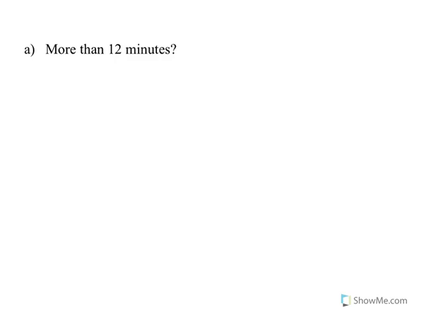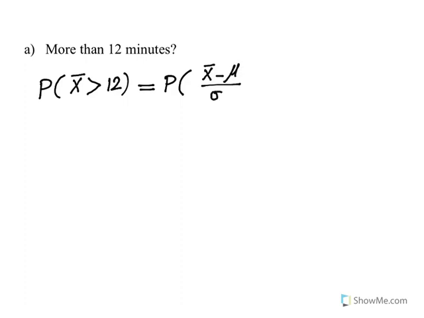So more than 12 minutes, so we want the probability that x bar is more than 12. And if you remember, this is a skewed distribution, so if we change it to the z-score, we need to do x bar minus mu over sigma divided by the square root of n. This needs to be bigger than 12, and the mean, mu, was 11 for this question, divided by the standard deviation, 7, and the radical sample size, 40.